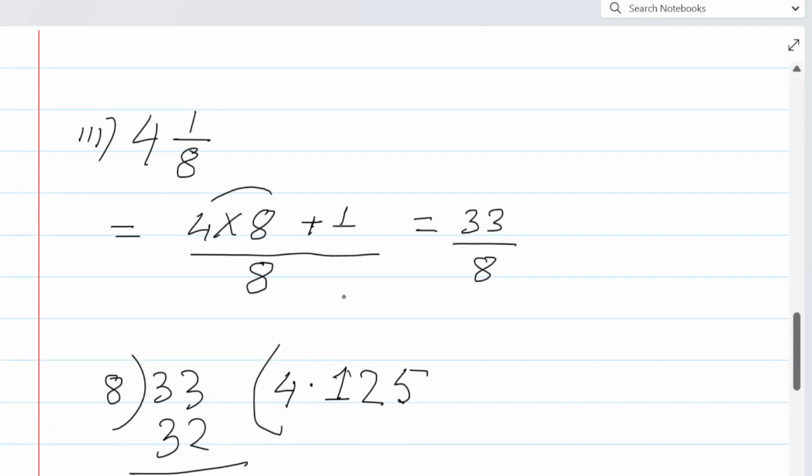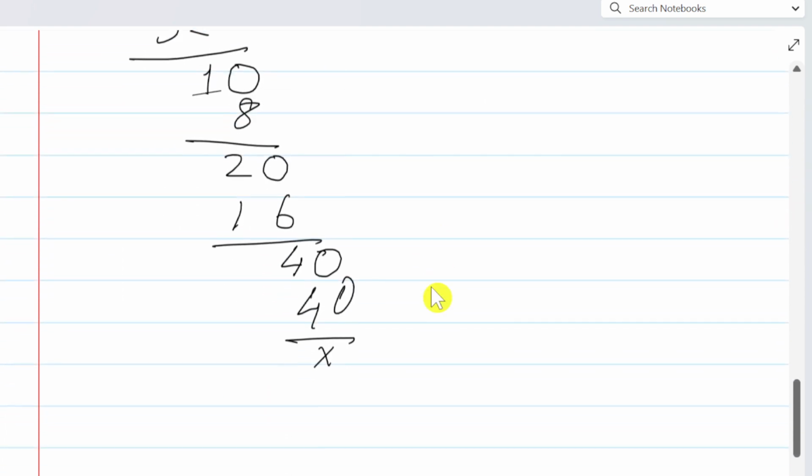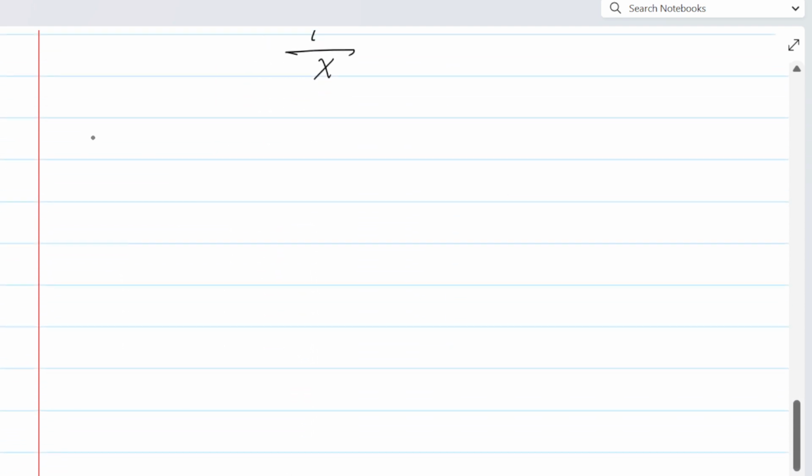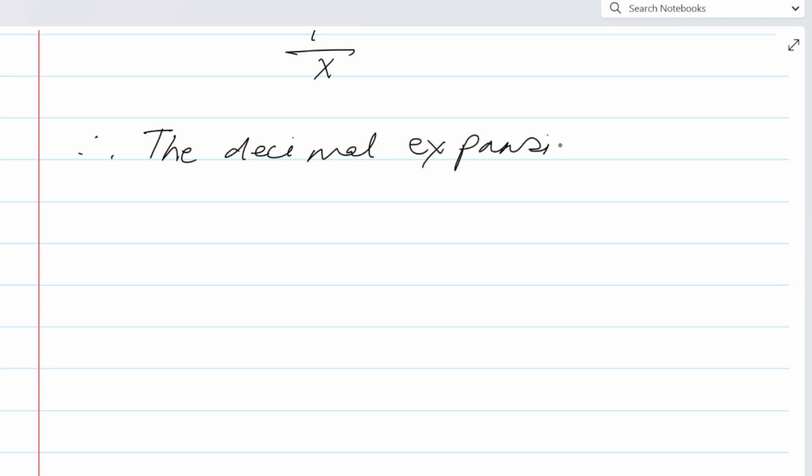So I'll write: therefore the decimal expansion is terminating, okay.